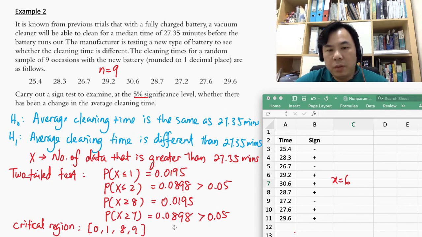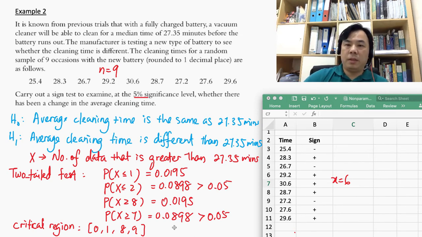Therefore, we don't have sufficient evidence to reject the null hypothesis. Therefore, we conclude that the average cleaning time is still the same as 27.35 minutes. I hope that is clear.